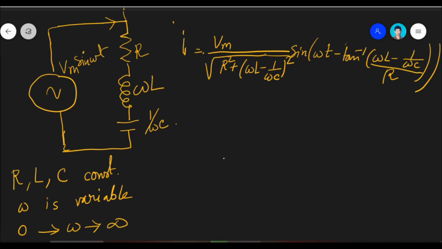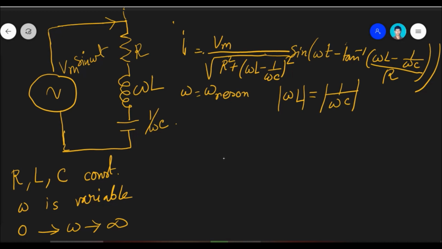And what we know is that for a value of omega equal to omega resonance, we have omega L equal to 1 by omega C. Magnitude wise, omega L is equal to 1 by omega C, and the circuit starts behaving like a pure resistance.